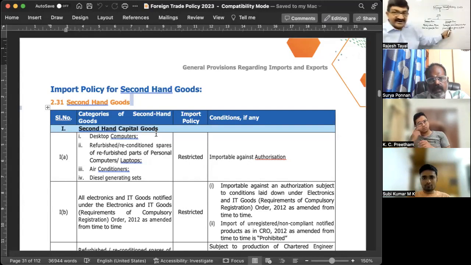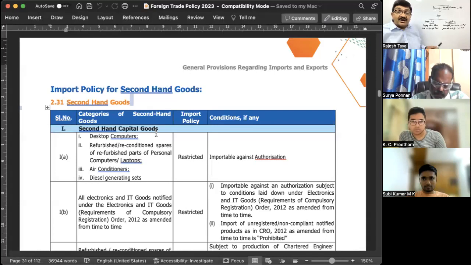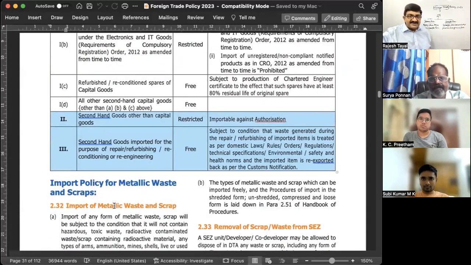Right? Now read this, what is written. In relation to import, there are lots of provisions which are general. But when it comes to import of second-hand goods, which one will be applicable? 2.31.